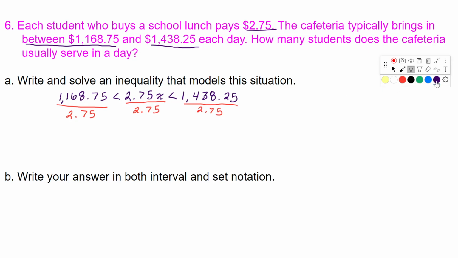So 1,168.75 divided by 2.75 is 467.5. And then we have 1,438.25 divided by 2.75 is 523.